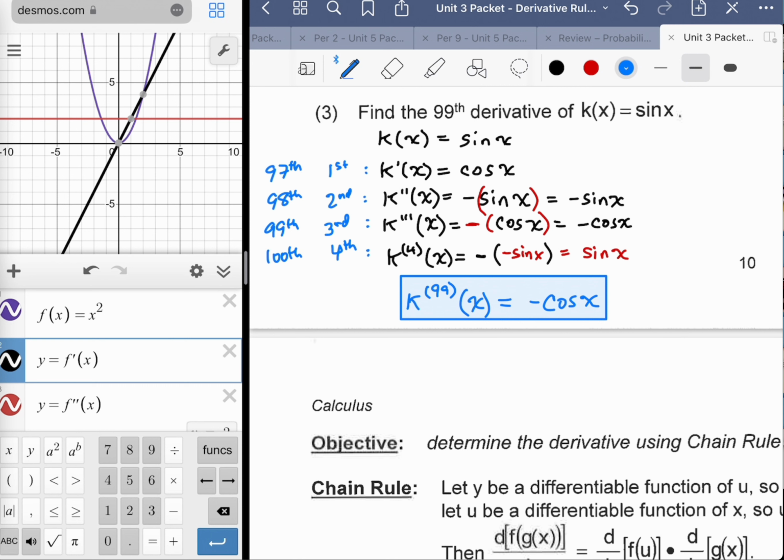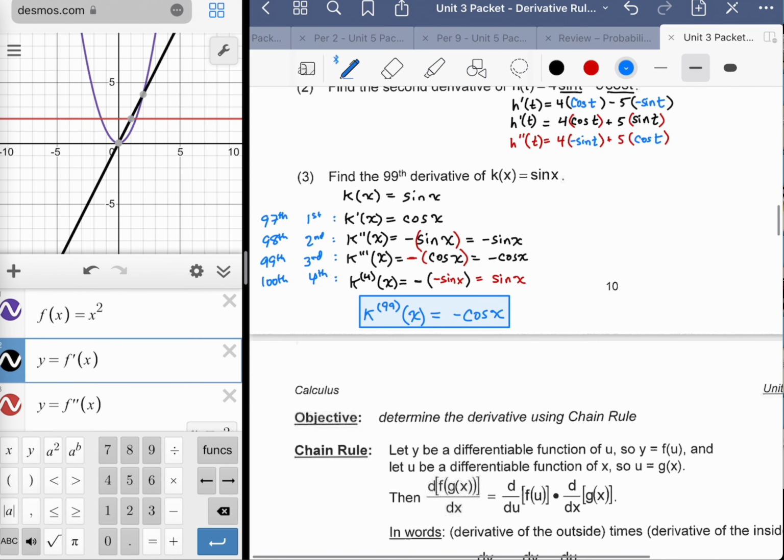You could also do it with exponential functions like exponential e, because e to the x has a derivative of e to the x. Actually, that's a good example. So would it just be e to the x every single time?